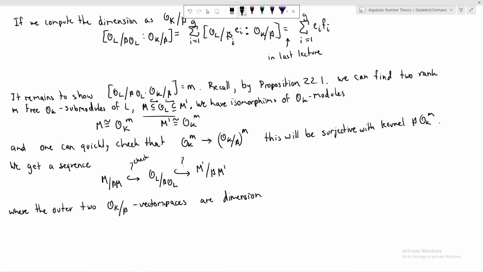And we know that for vector spaces, it's not possible to sandwich anything other than a dimension m vector space between these two things. So really, these are actually going to be isomorphisms.